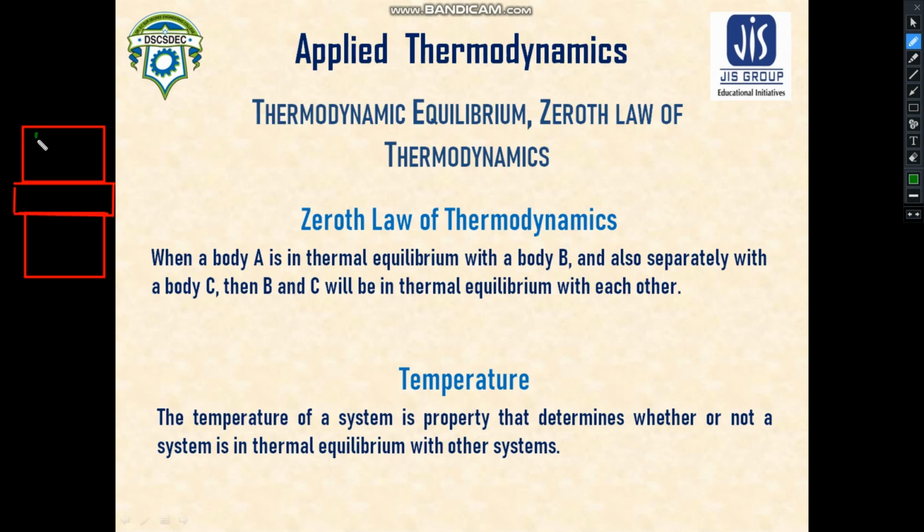this one as system A, and this one as system B. Now system A and system B are separated by an adiabatic wall.